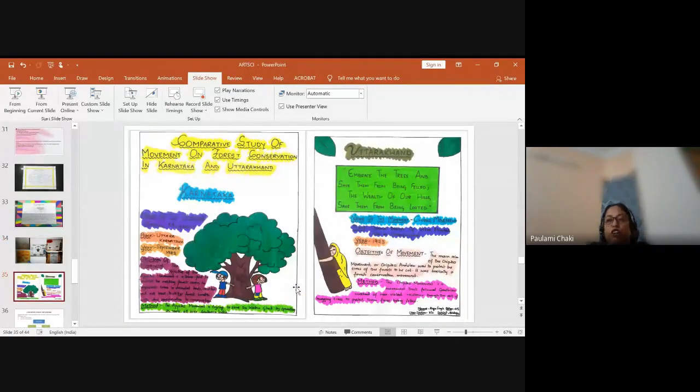Now, we also came to know that we have to do the Ek Bharat Shreshtha Bharat project. I am right now in Karnataka, so we had to do it with Uttarakhand.